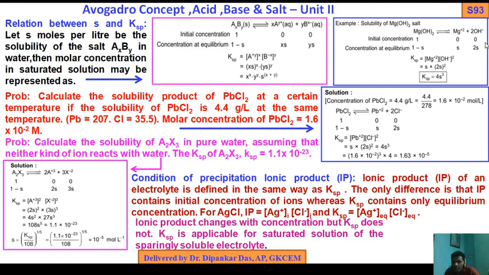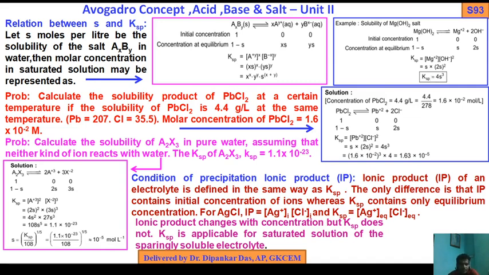In the case of OH^-, the coefficient is 2, that's why 2S. So Ksp is the molar concentration of Mg^2+ times the molar concentration of OH^- squared, that is S times (2S) squared, so Ksp equals 4S^3. That is the relation between solubility product and solubility.